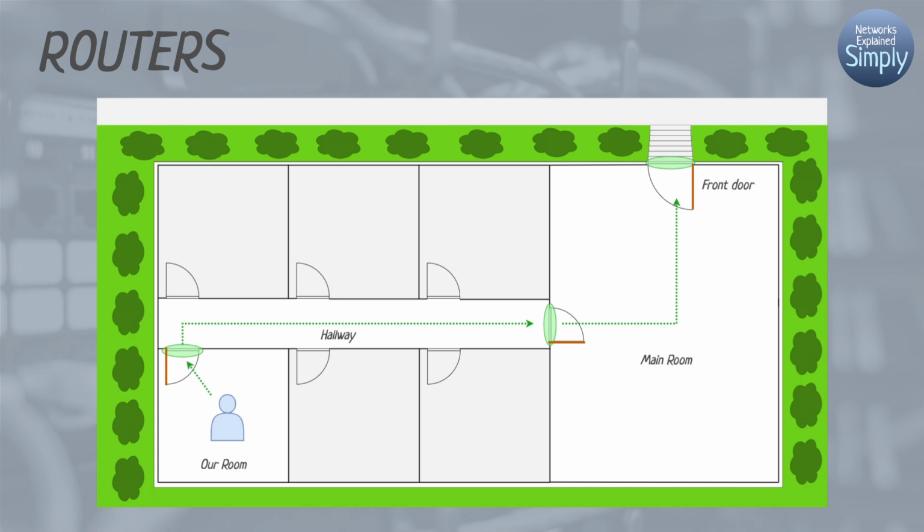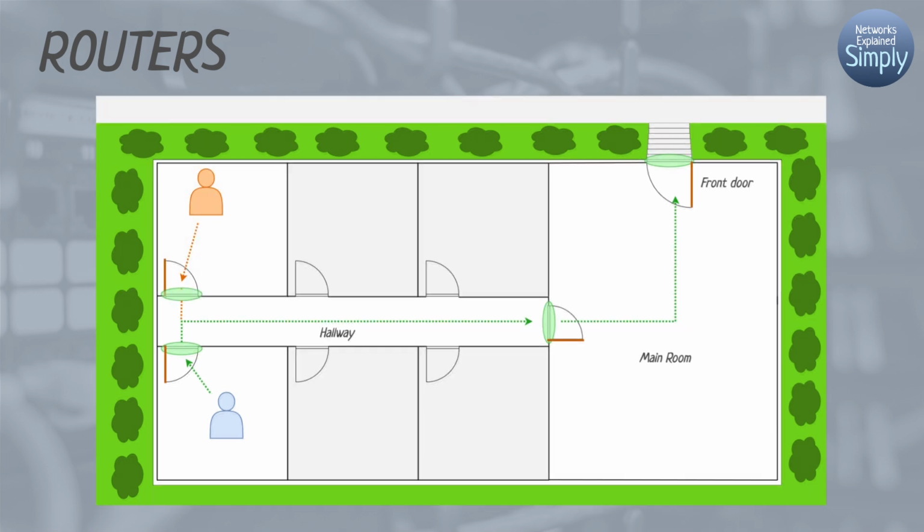Just to drive the point home about perspective, what if two people in different rooms both want to leave the building? We can see that initially their gateways to the outside world will be different because they're each behind a different door. But once they both reach the hallway, their gateways will be aligned, at least for a short while.